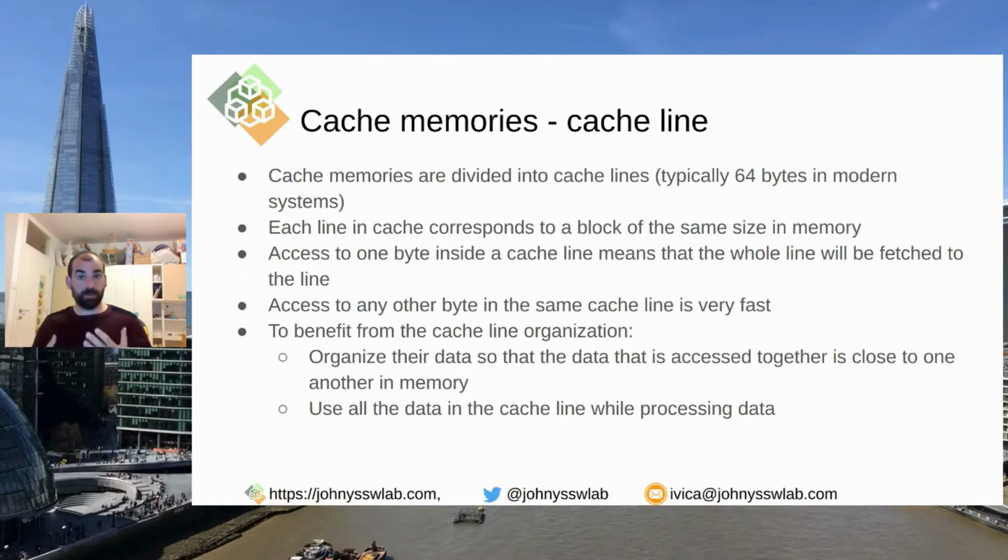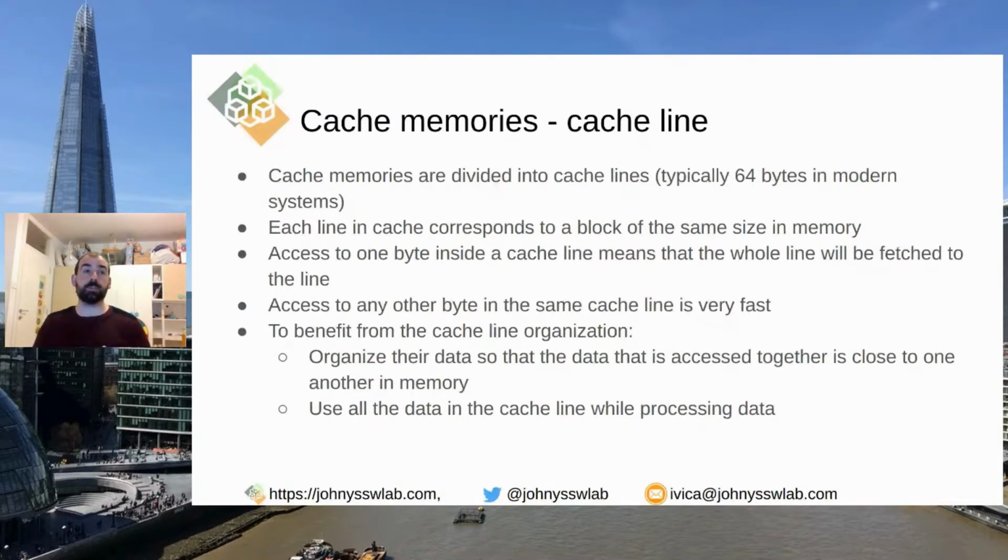And if you know this kind of organization, you can benefit from it. How should you do that? You should organize your data so the data that is accessed together is close to one another in memory. So if you have a class with two members, you want to put them next to one another.